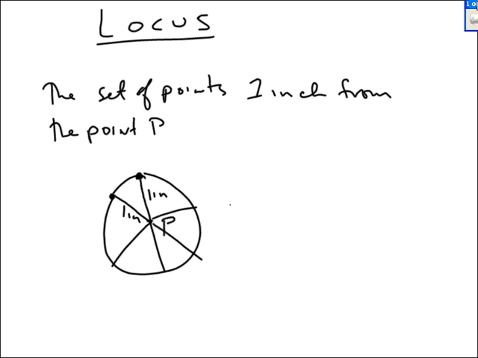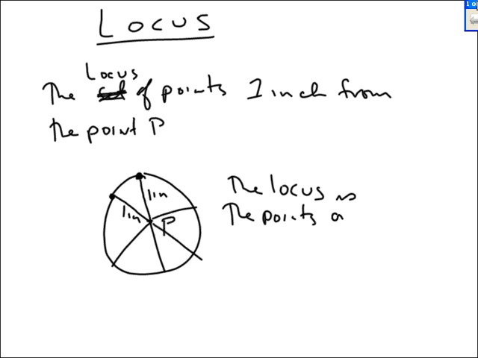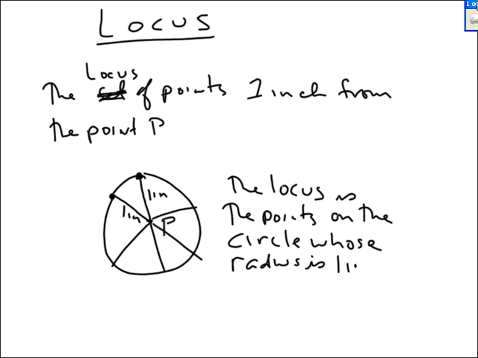So the answer is, the locus of points is the points on the circle whose radius is 1 inch and whose center is at point P. So we described the locus of points 1 inch from the point P. It's just a circle.